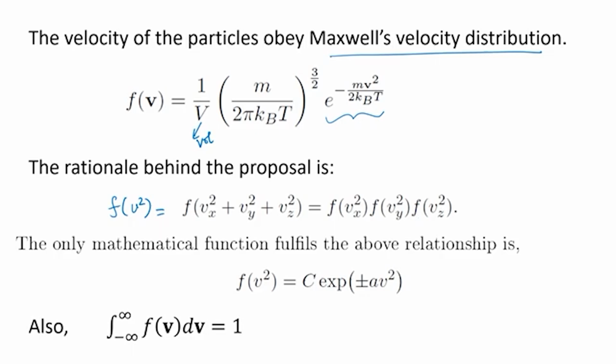This function comes from the normalization, and why is it normalized? Because it is a probability.